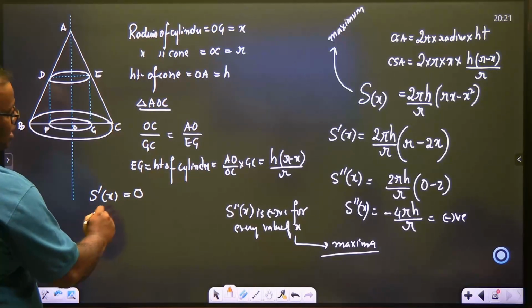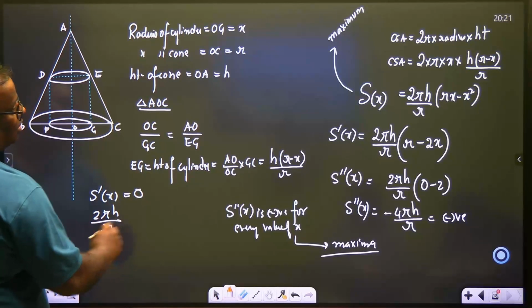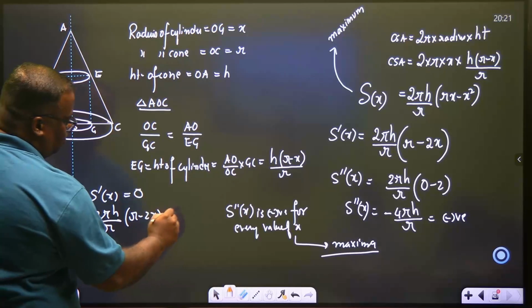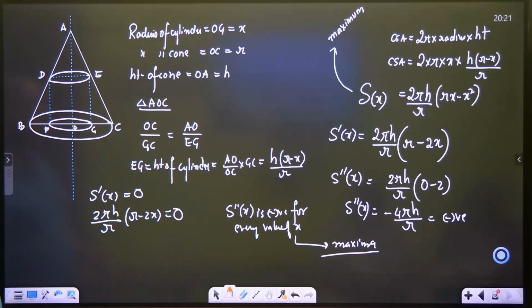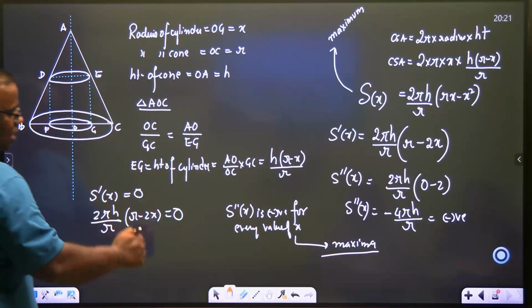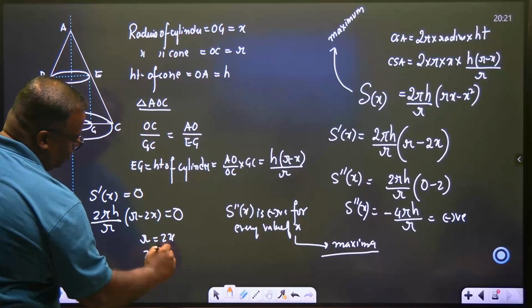So 2 pi H divided by R into R minus 2X is equal to 0. Now look children, how to do this? This part can never be 0. So only this part can be 0. So R is equal to 2x or x is equal to R by 2.